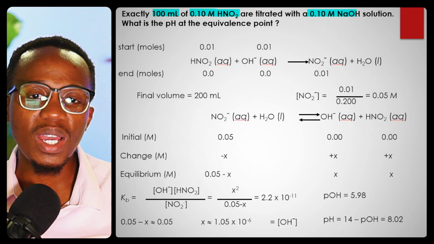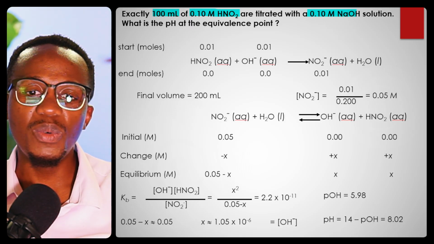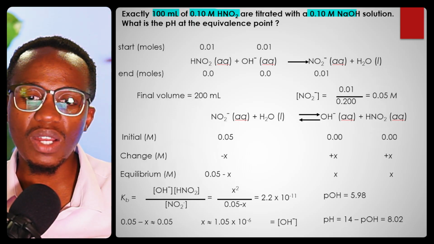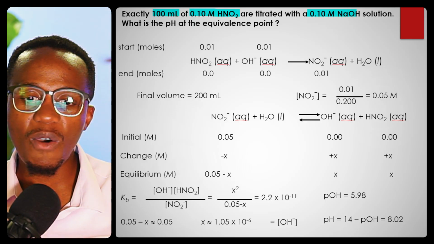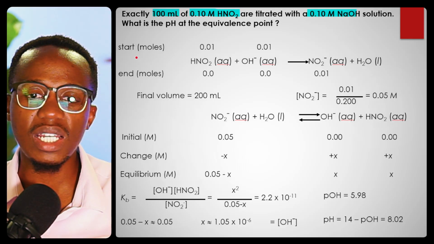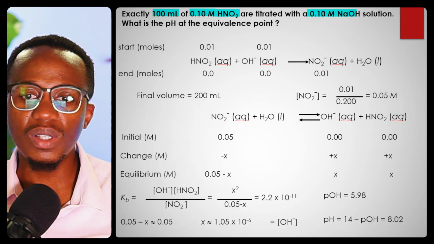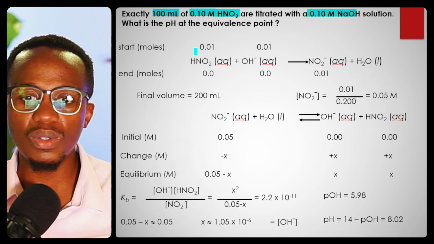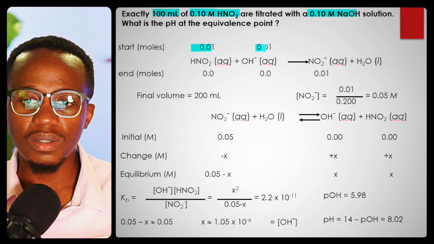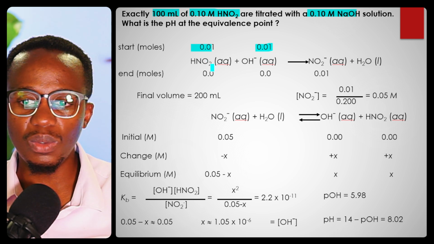But in order to find that pH, guys, we need to kind of chase how much is changing the concentration, right? So let's do this, right? So you're starting with these many moles, right? With HNO2, right?